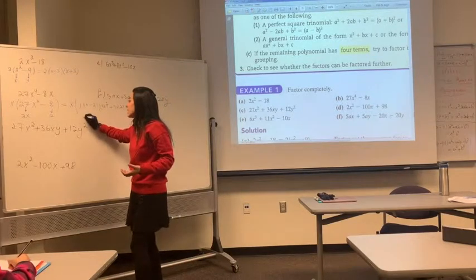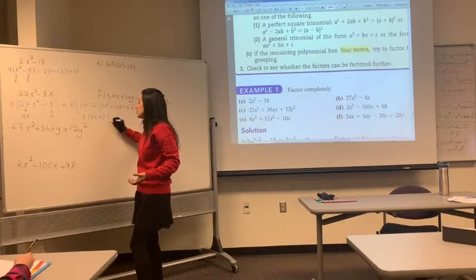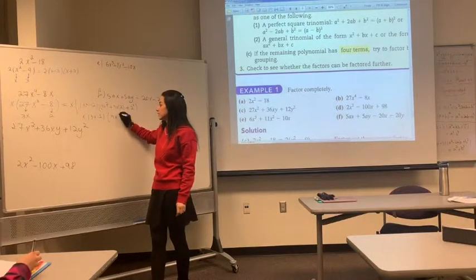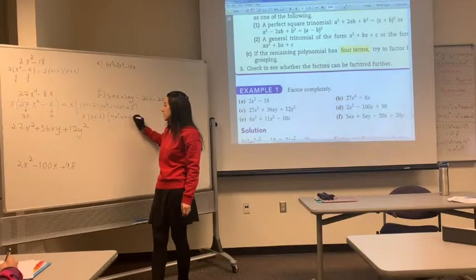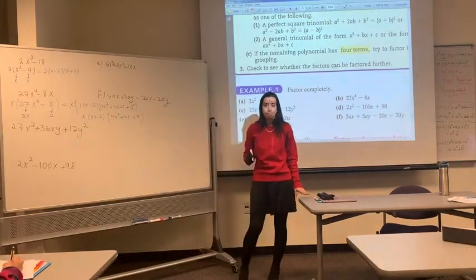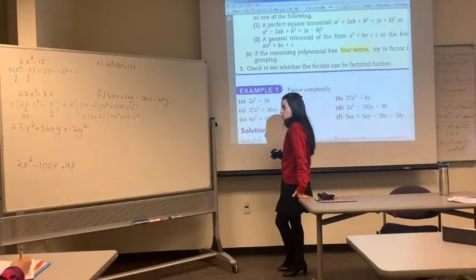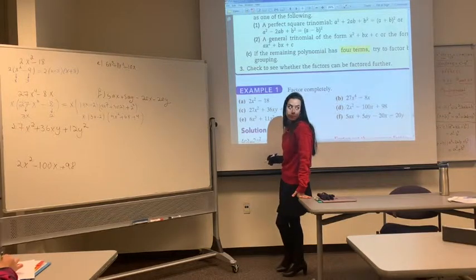So we have x multiplied by 3x minus 2 multiplied by 9x squared plus 6x plus 4. Correct?